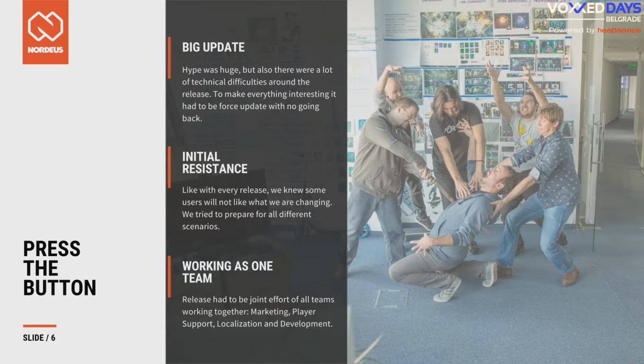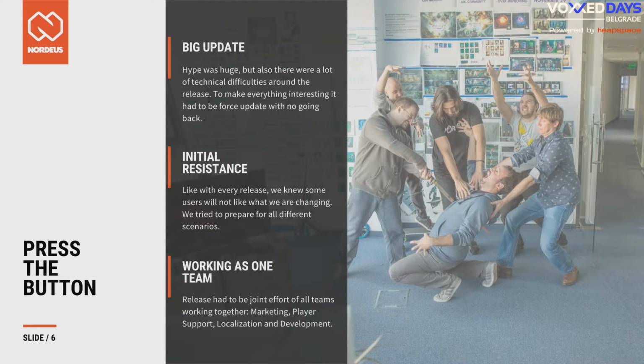In production, a lot more stuff happens than you can test. We wanted to do a force update, but as you know, with mobile stores, it takes some time for a client to propagate. And we knew some users would come to the game, see that they cannot go on until they update, and in the store there would be no update. It would be a huge frustration for them. That was really an issue for us.